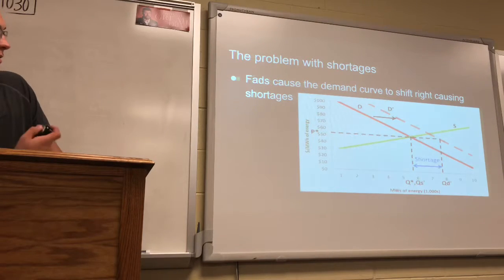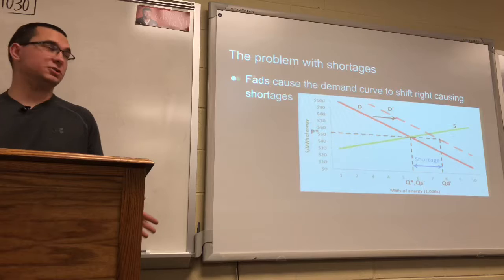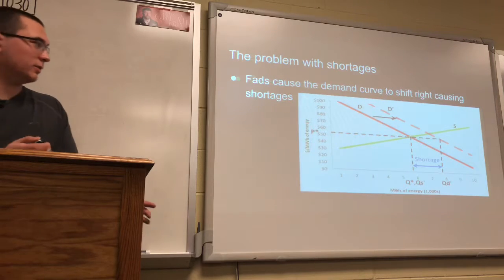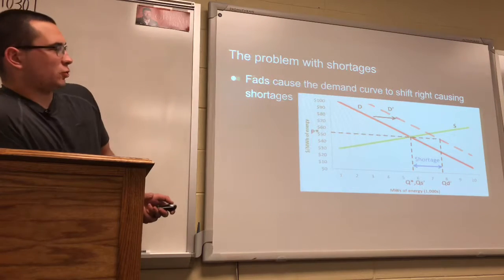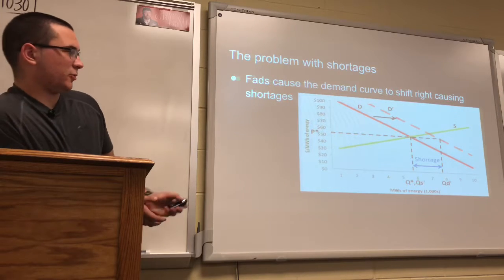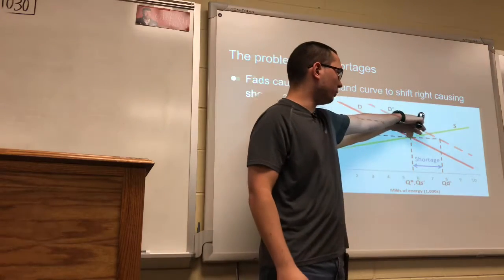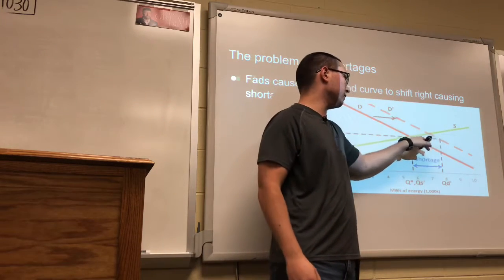Problem with shortages: fads, which are popular items for a short time. An example is fidget spinners. They will cause shortages, as you can see right here, where this is the original demand curve and this is the new one, and in between there is the shortage.